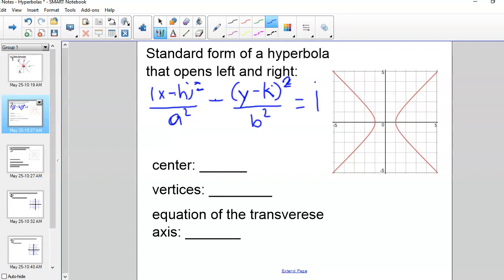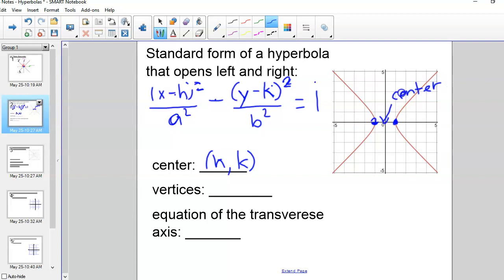Just like with an ellipse, the center of this graph is going to be at (h, k). The vertices of this graph, if it opens to the left and the right, would be right here, to the left and to the right. So this point right here is our center.